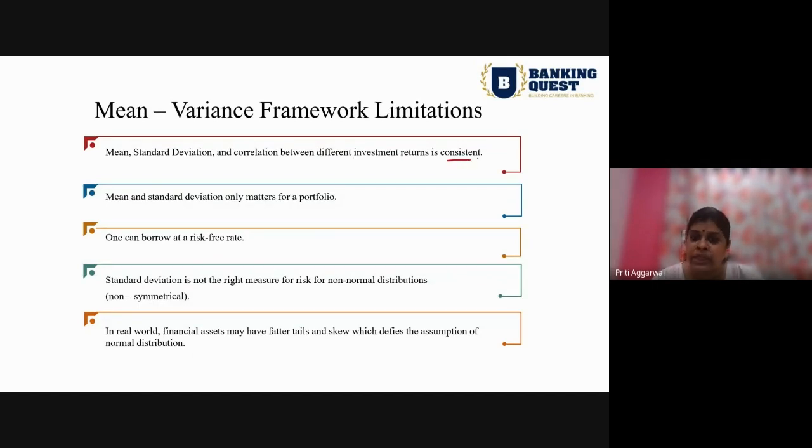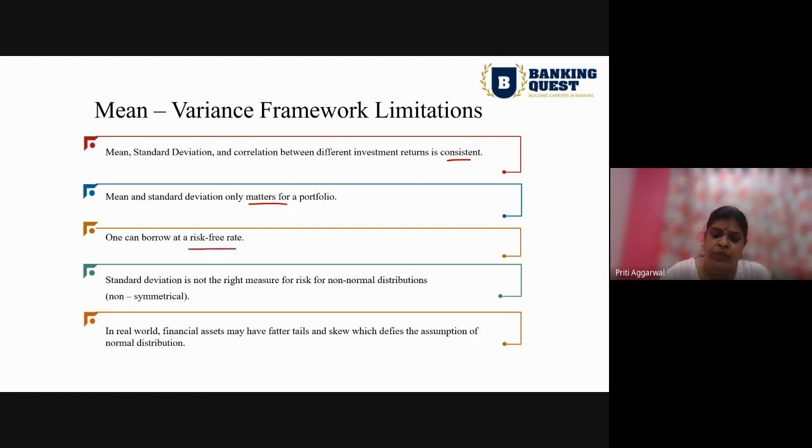That is the limitation. Mean and standard deviation really matter for the portfolio. So here we are saying that we are going in with the mean, that is your return, risk, and correlation. These are the only three parameters which are taken into account. They are consistent. They are the same all the time. And on that basis, I'm developing my portfolio, right? One can borrow at the risk-free rate, right?